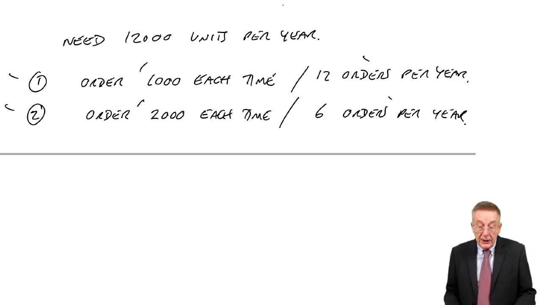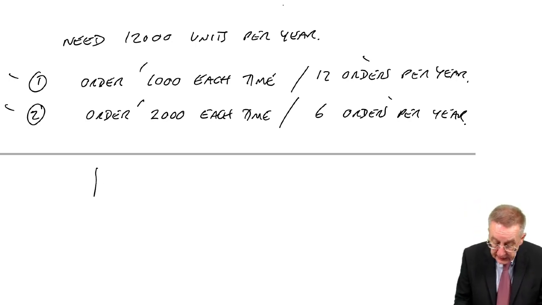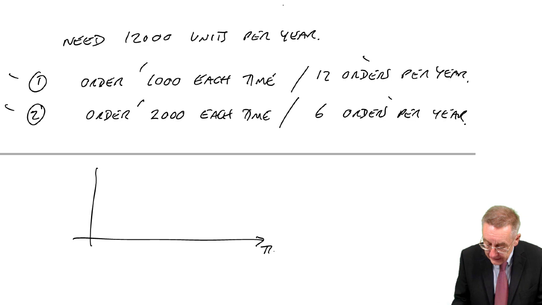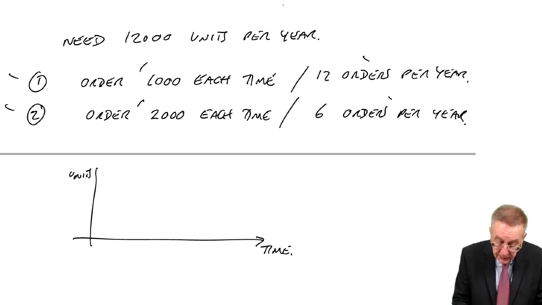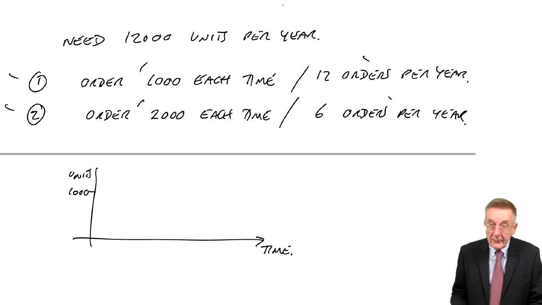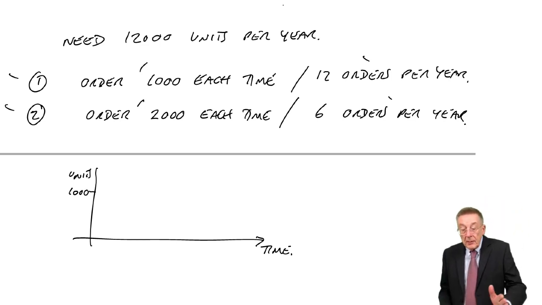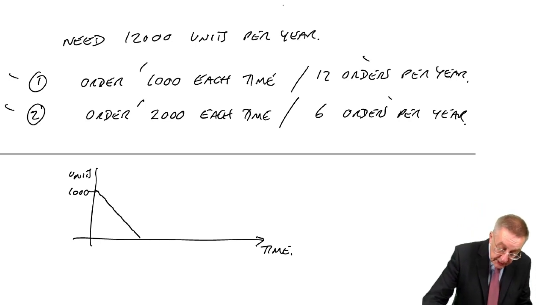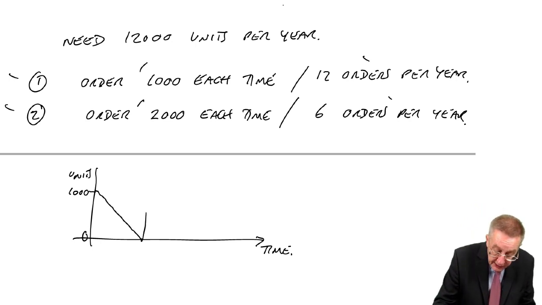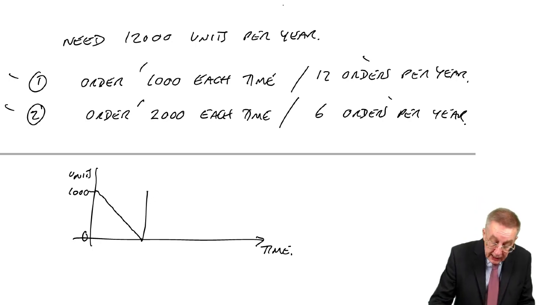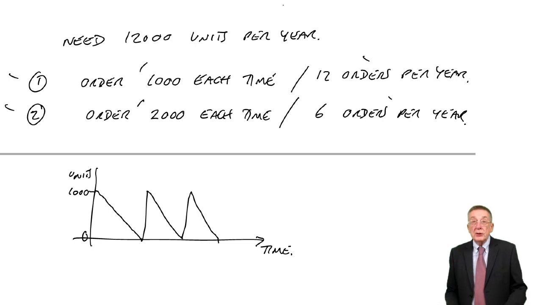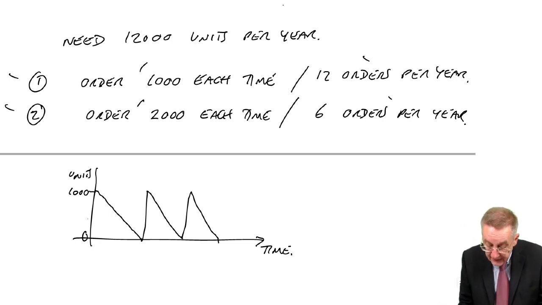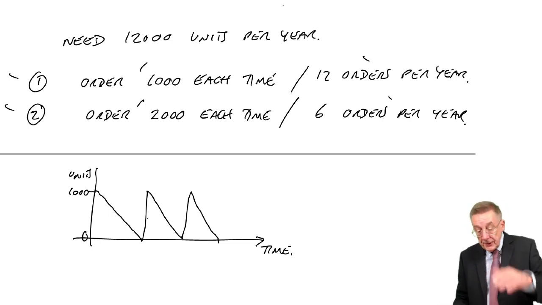If you order 1,000 each time, if I draw a little graph over time, you'd start off with 1,000 units in inventory. But over the month, we'll be using it and the inventory will fall down to 0, and then we get another delivery of 1,000. As we're using it, it goes down to 0 and so on. And so if we order 1,000 each time, the inventory keeps going between 1,000 and 0.